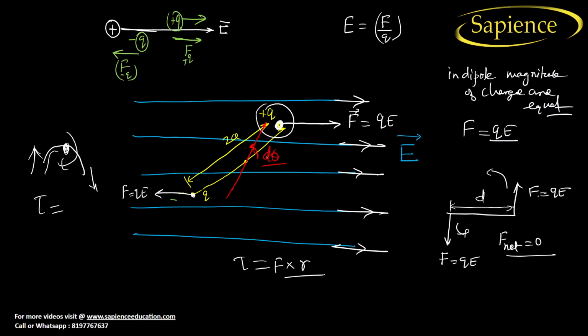While rotating, you have to apply a torque, and when you apply a torque, you are doing work against the torque. Why? Because this force and this force tend to move the dipole in this direction, but you are applying a force in the opposite direction. You are applying a torque to rotate against it.